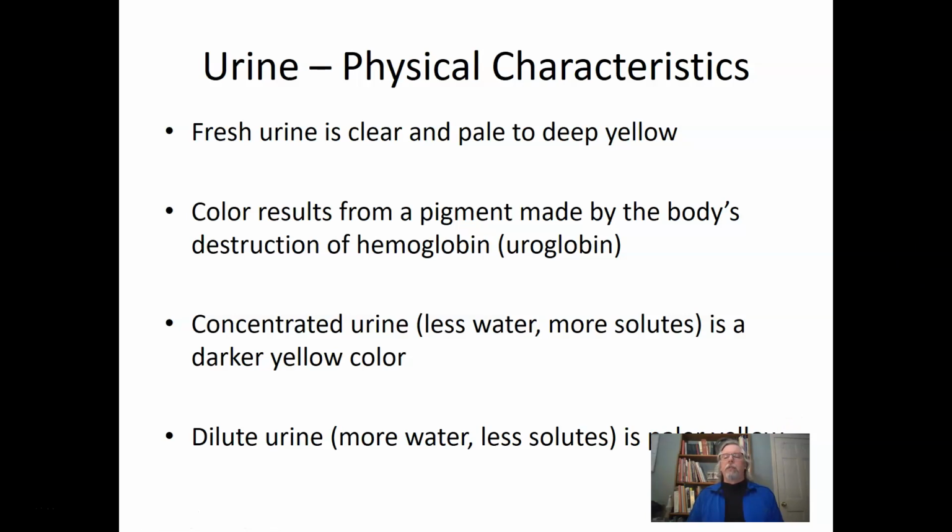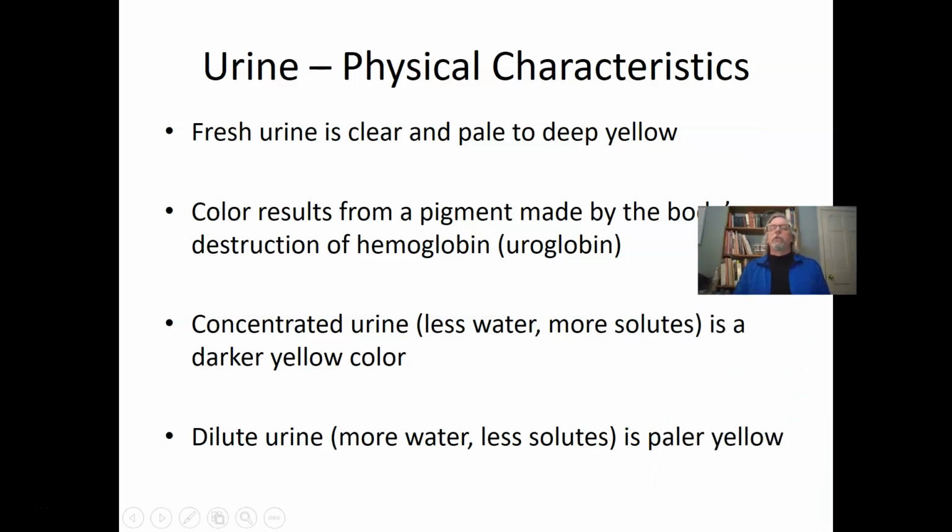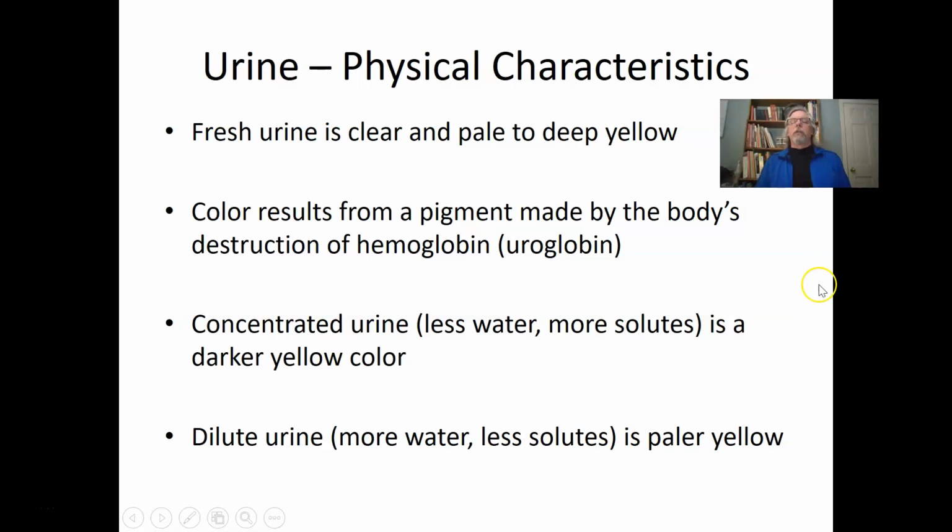So if you're dehydrated, you're going to conserve water, and the pigment, the urobilin present, is going to be more concentrated, producing a deeper yellow color. If you're fully hydrated, you're going to lose more water, and that's going to dilute the pigment. It's going to be a lighter yellow color.